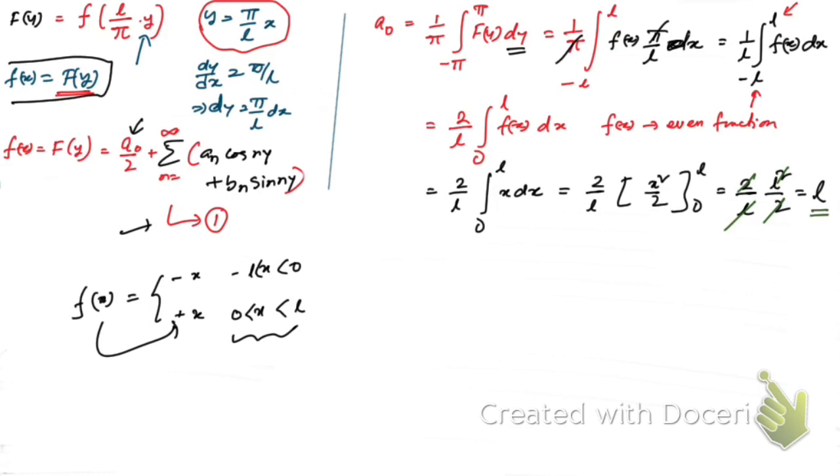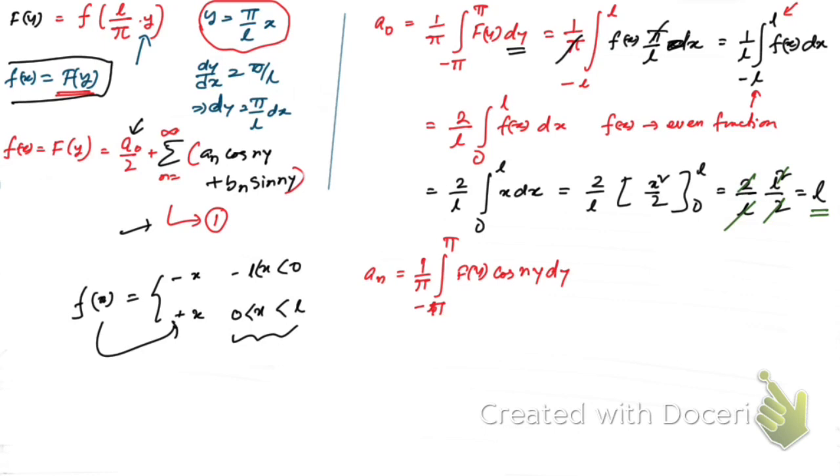Similarly, we can find a n. Let's find a n first. So a n will be equal to 1 by pi integral from minus pi to plus pi of capital F of y cos n y dy.